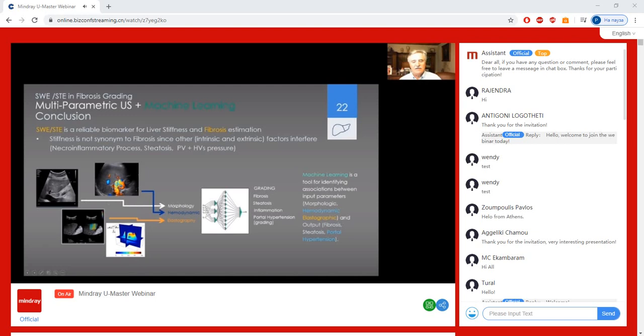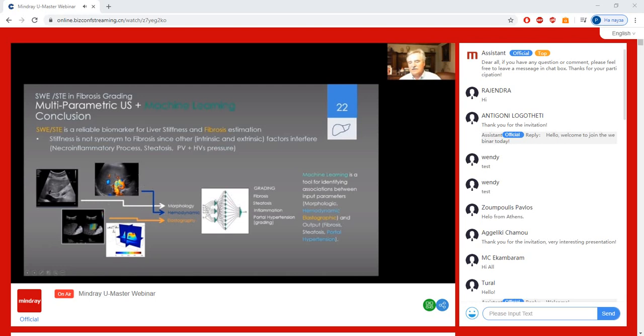This is a schematic way to show you how morphological information, hemodynamic information, and elastographic information may enter this artificial neural network.